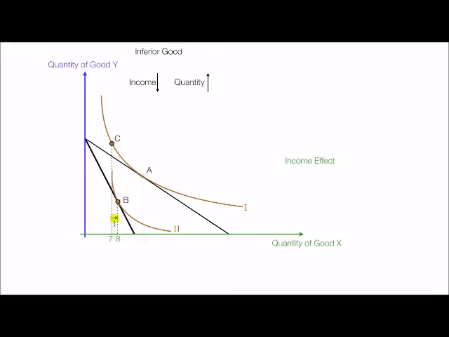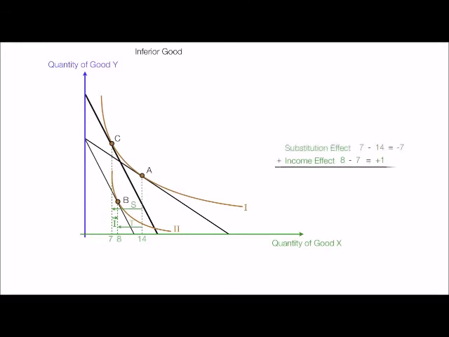I'll label that I. And the income effect is 8 minus 7, or positive 1. The substitution effect is negative 7. I add these two together, and this gives me a total effect of negative 6, or negative 7 plus 1 is negative 6.